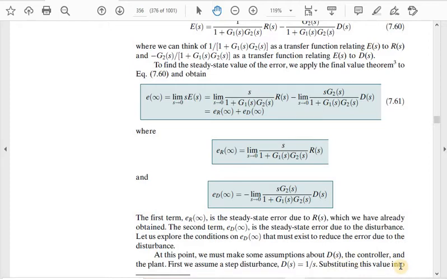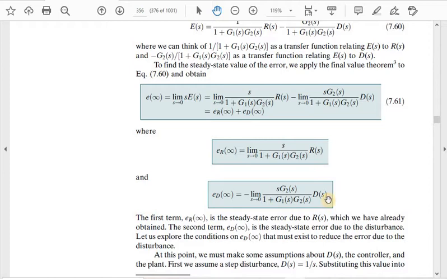First thing, we make some assumptions about the disturbances, the controller and the plant. First we assume a step disturbance. We are just giving a step disturbance to the system, and that step is represented by 1 by s.